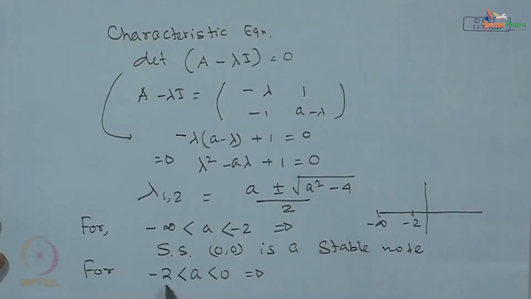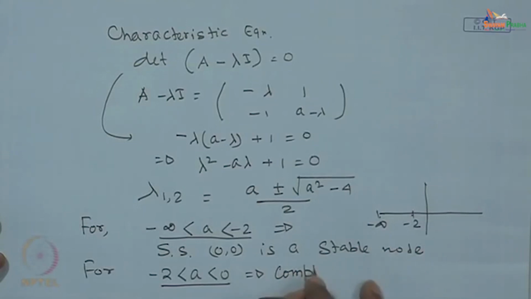So, the whole thing becomes imaginary. At the same time, the real part of this will be negative. So, if this is the condition, then you will be having imaginary roots, complex conjugate roots with negative real part.